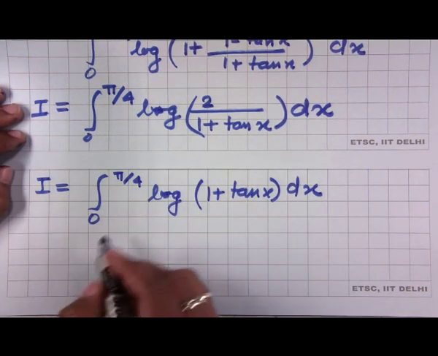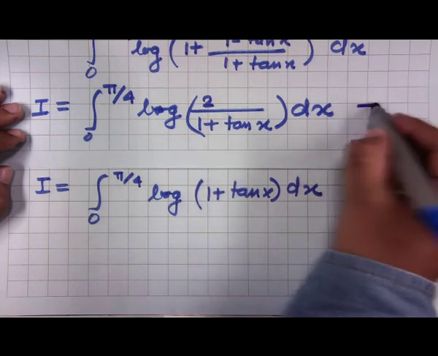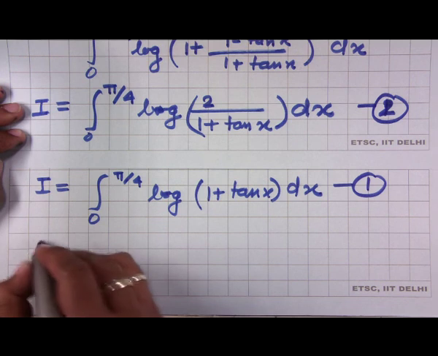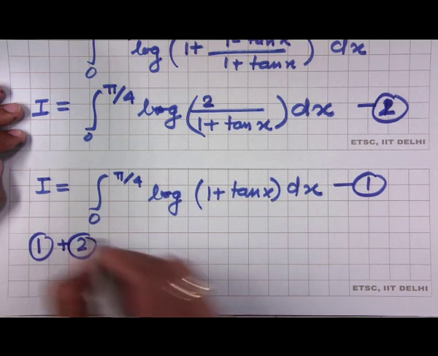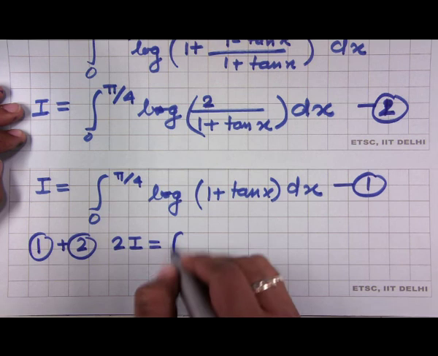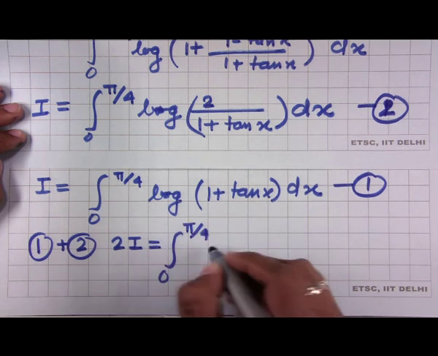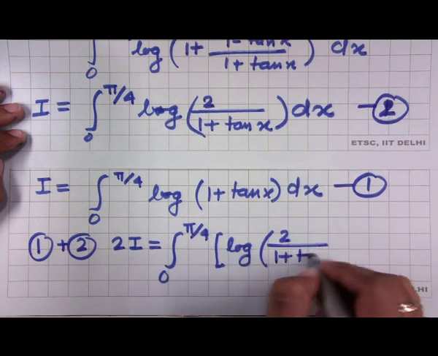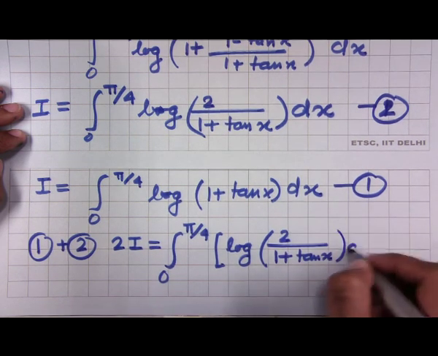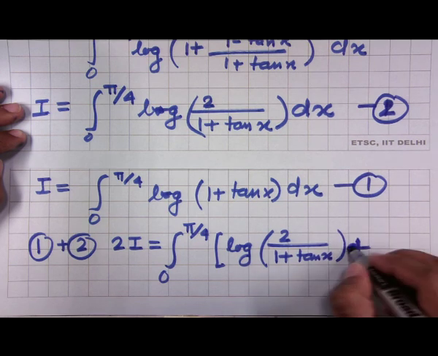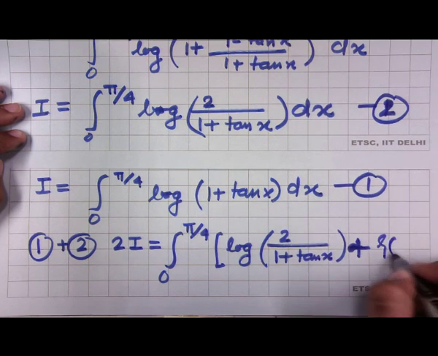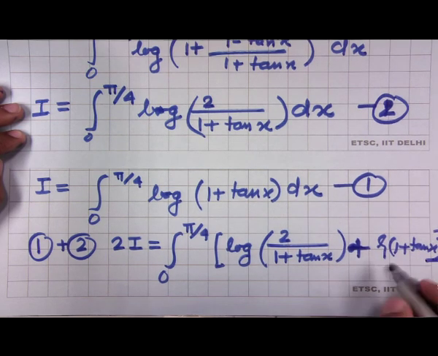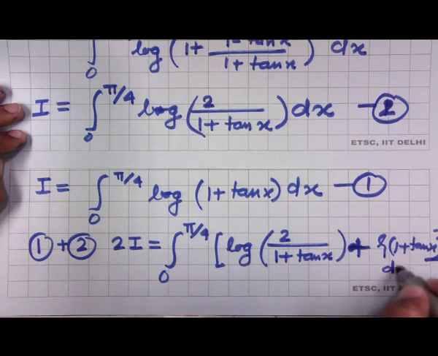Now if you sum both, and say this is 2, this was your earlier equation 1. So if you sum 1 and 2, you get twice of I is equal to 0 to pi by 4 log of 2 upon 1 plus tan x plus log of 1 plus tan x dx.